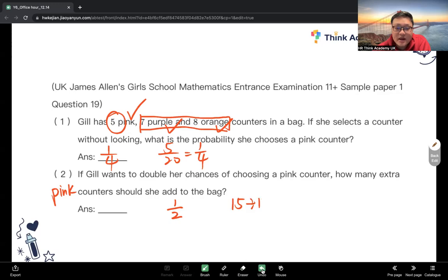So you got 30 in total, right? And so far you have only 20 counters. That means you need to add 10 more pink counters. And that way you're going to have a half probability to get a pink. So the answer to the question will be 10 pink counters. Okay, you need to add 10 pink counters.